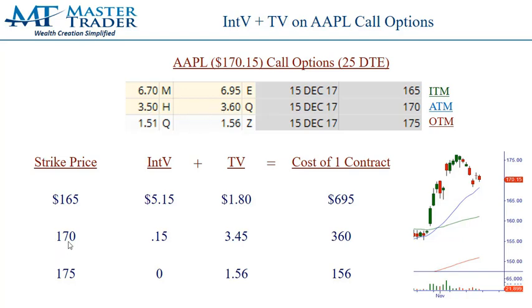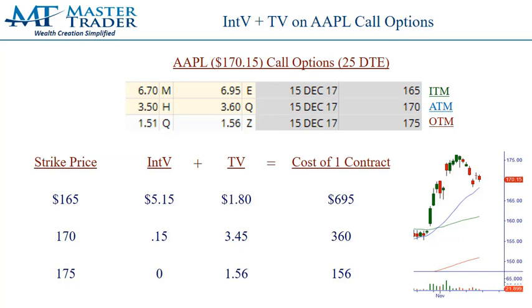So let's start with this one, the 170 strike price. Intrinsic value is 15 cents. Why do I say that? Well, if you have a contract that allows you to buy Apple stock at 170 a share and it's trading on the open market at 170.15, then that has 15 cents of intrinsic value. You can also think of this as like a coupon.